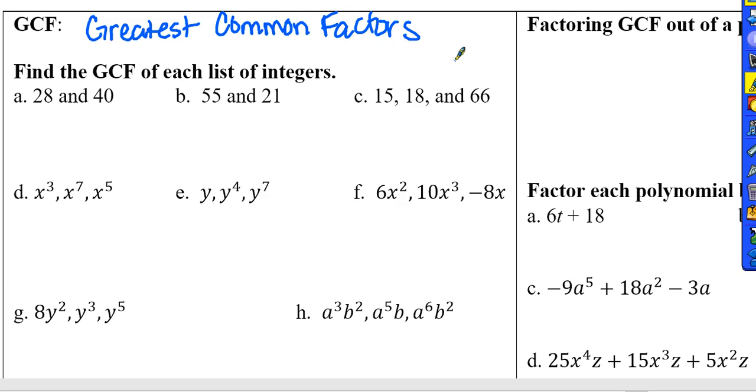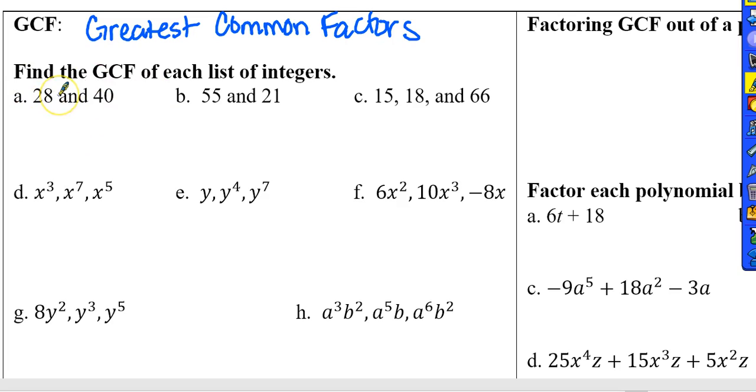It's not least common multiple, it's greatest common factor. Factors come from which operation? Addition, subtraction, multiplication, or division? Factors come from multiplication. So when we're looking for greatest common factors, we're looking for the largest factor that we would multiply to get the number that's being given to us.